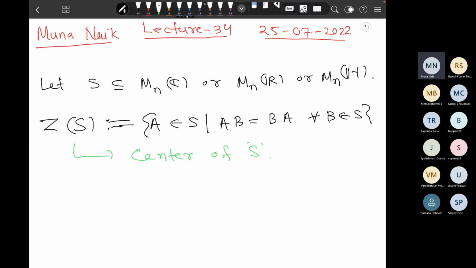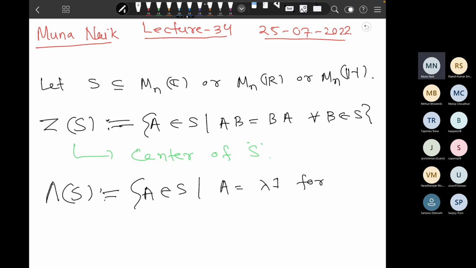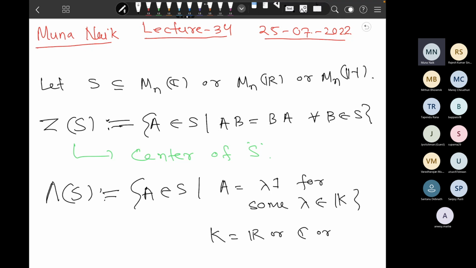Similarly, I will define Λ(S) to be the set of all A belonging to S so that A equals λI for some λ belonging to K, where K is equal to either R or C or H.